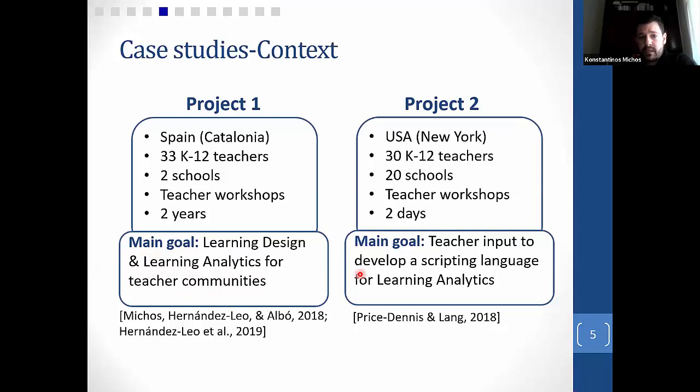In the second case, the main goal was to develop a scripting language for learning analytics, which would be informed by teacher input. As you can see from the information presented here, in both cases, teachers were K-12 teachers, and we have seen limited research conducted with K-12 teachers, especially in teacher professional development programs.